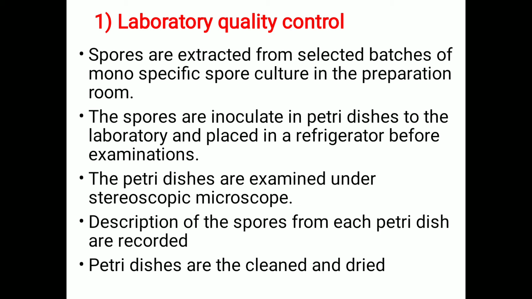After some time, the petri dishes are examined under a stereoscopic microscope, and we count the spores or growth of spores from each petri dish, and these are recorded. After that, the petri dishes are cleaned and dried.